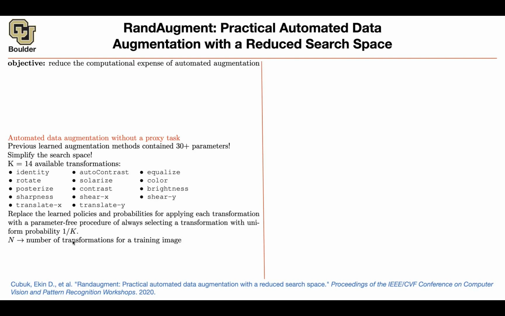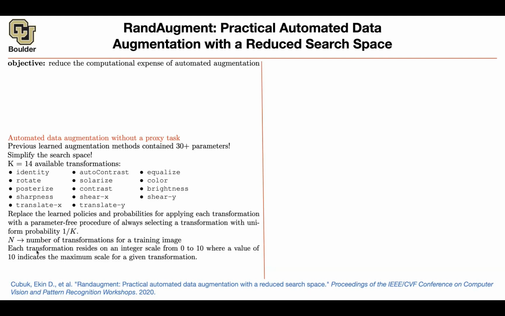But then you introduce a hyperparameter, and this is giving you one choice. What should be the number of transformations that you're going to do on an image? Maybe 1 transformation, or maybe 3 transformations. Like do a rotation, translate in the X direction, and then adjust the contrast. So N is a hyperparameter that you need to find out.